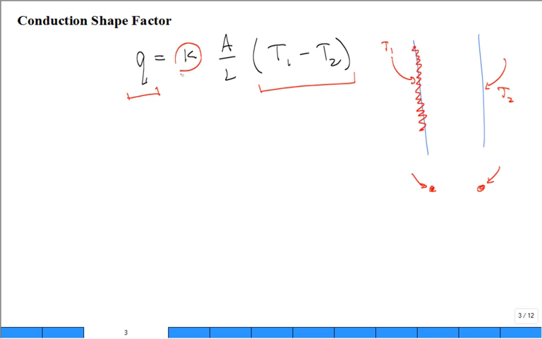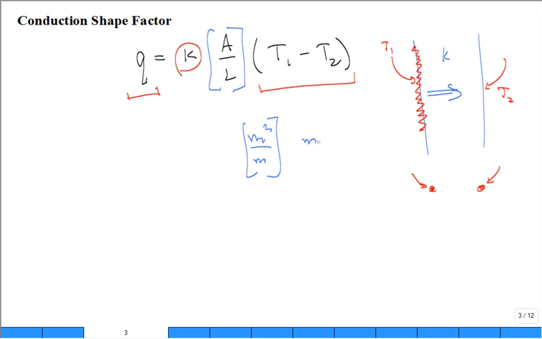That's what drives the flow. What is k? That's a property of the material, thermal conductivity. I could put a different material in here and I'd get greater or less heat flow. I could have a high conductivity material like a metal, or a low conductivity insulation material. What is area? What is length? Think about the SI units, meters squared per meter. What is the unit for A over L? It's meters.